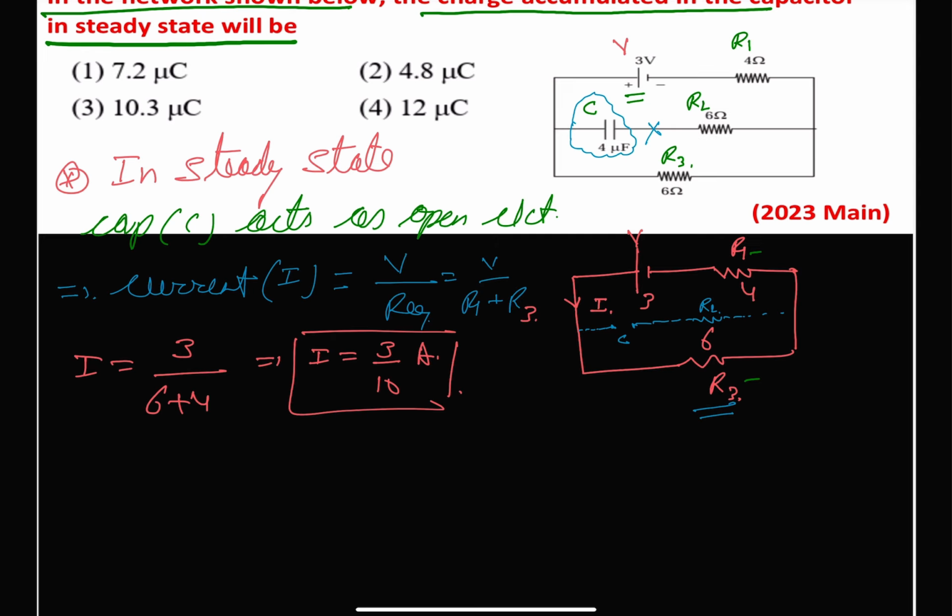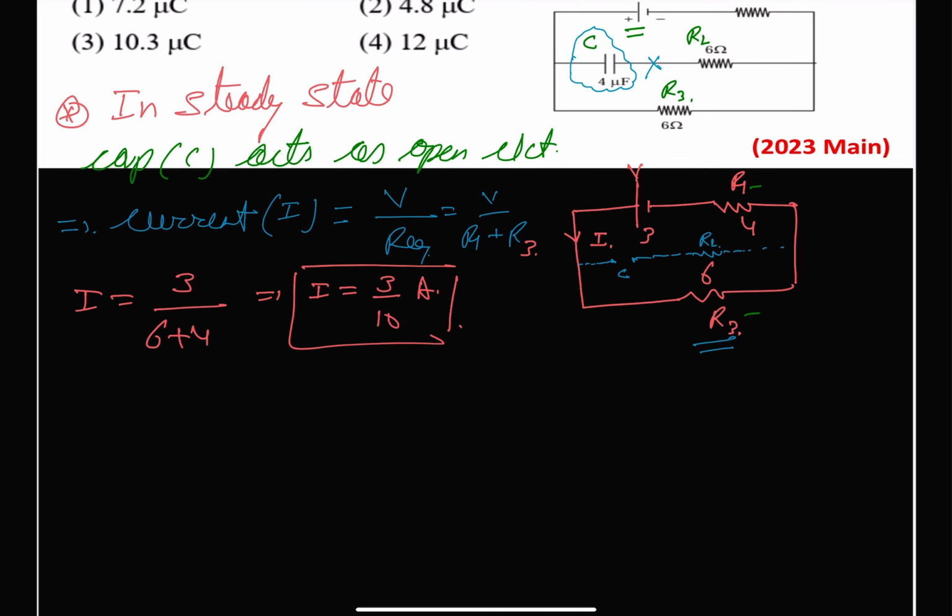Therefore, voltage drop across R3 will be equal to current multiplied by R3, and we substitute the value.